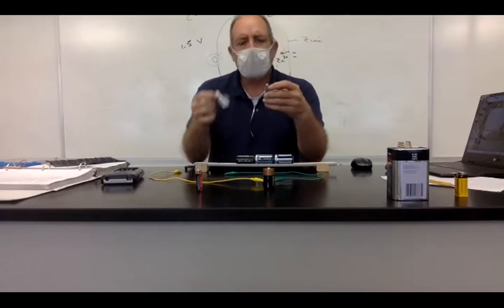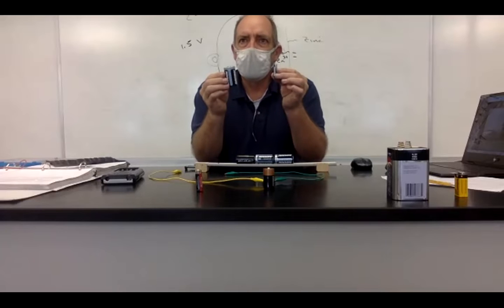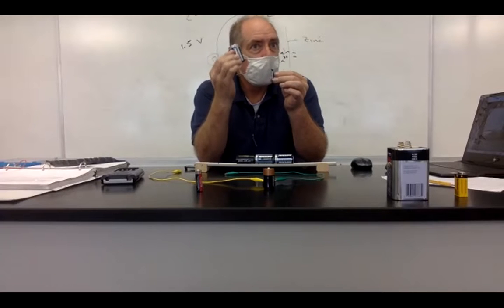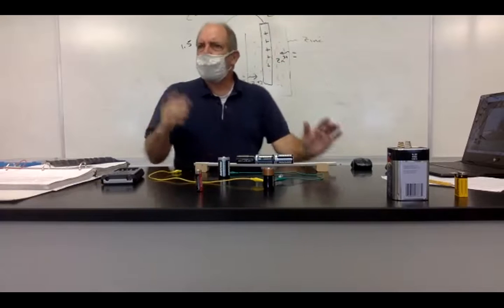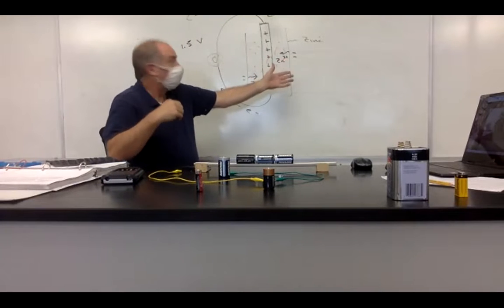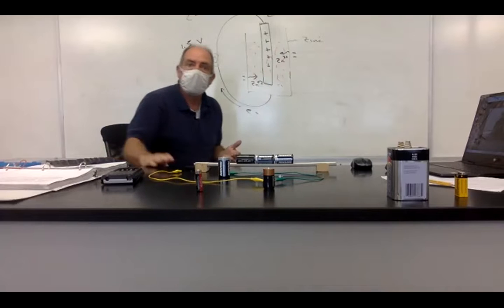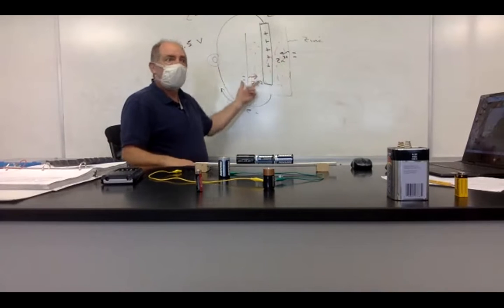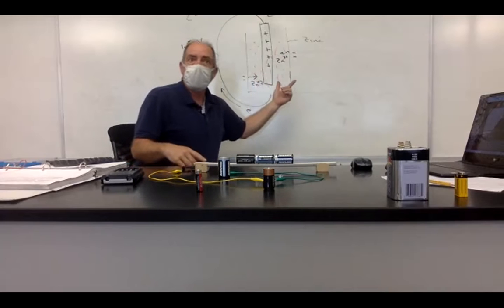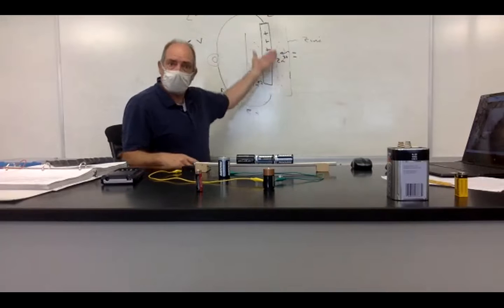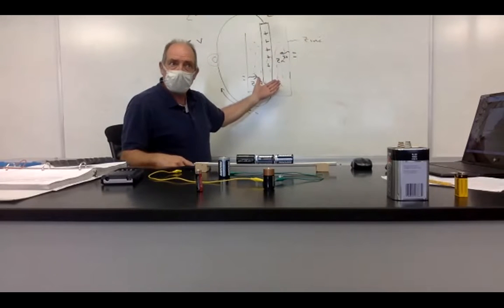Now, okay, Jack, what's the difference between these two? The bigger one's going to last longer, right? Because when do batteries die? When the zinc is all oxidized. When do chemical reactions stop? When one of the reactants is used up. So there's some limiting reactant, if I remember my chemistry.